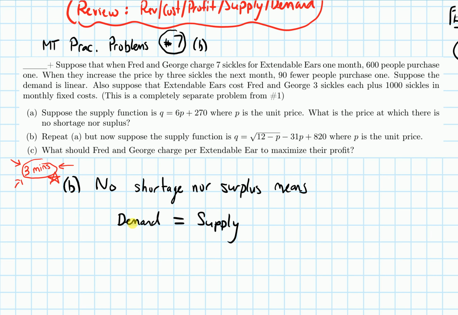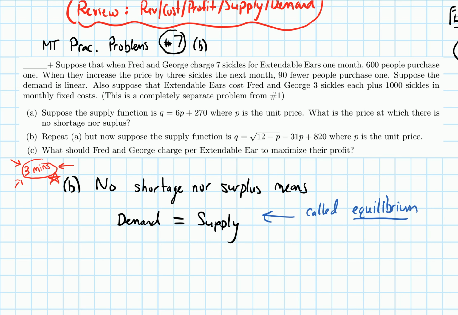Because if more people were demanding something than it was being supplied, we'd have a shortage. If we had more supply than people demanded, we'd have a surplus, we'd have extra. So they need to be equal. And when they are equal, this is called equilibrium. So that's what this question is asking us to find, actually.